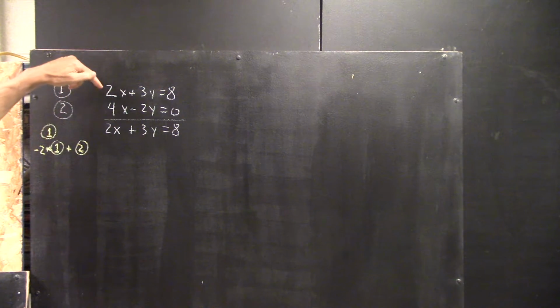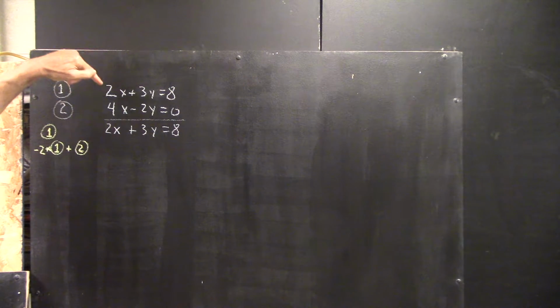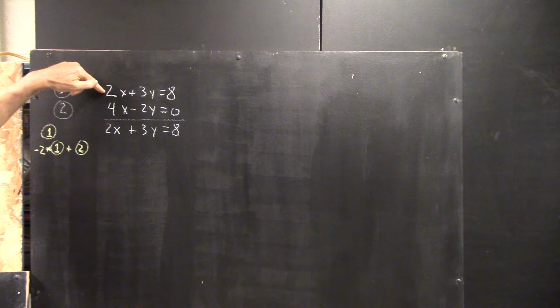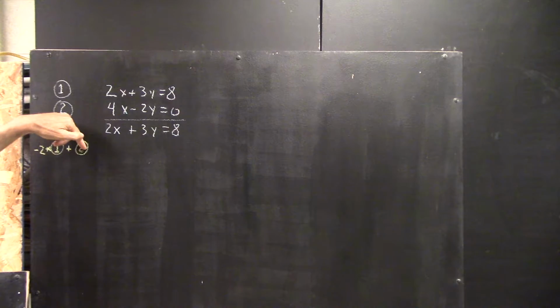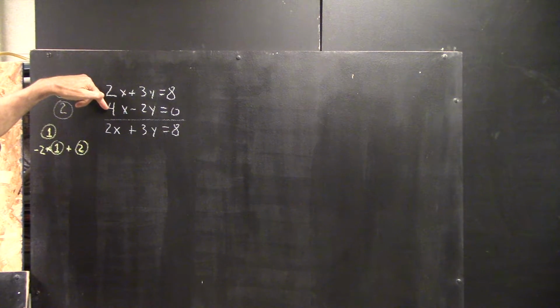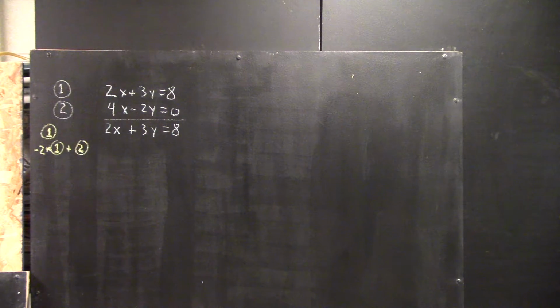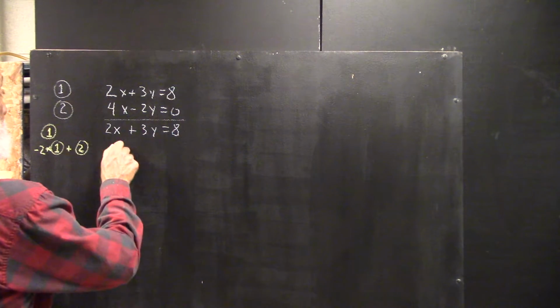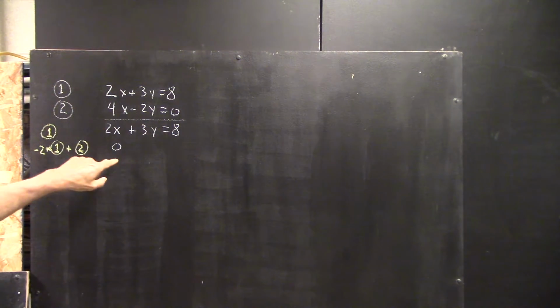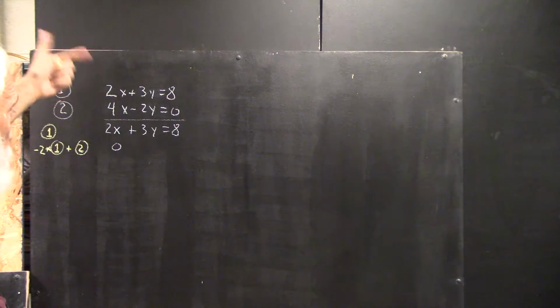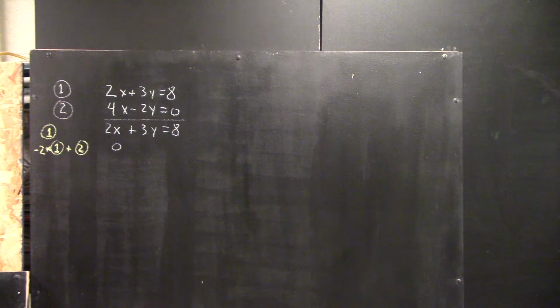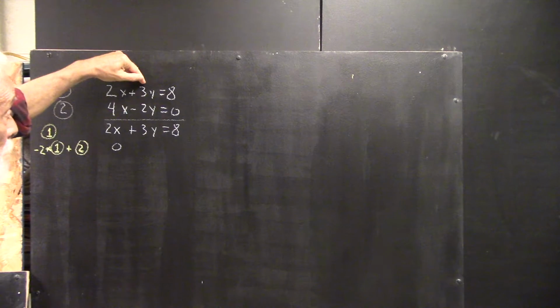Negative 2 times the first means I'm going to take negative 2 times my 2x, giving me negative 4x, and then I'm going to add this to whatever I've got for x in the second equation, which is 4x. So I've got negative 4x plus 4x, that's going to give me 0. And I don't even need to write that term down, but I'm going to write it down just for completeness. Negative 2 times 3 is negative 6.